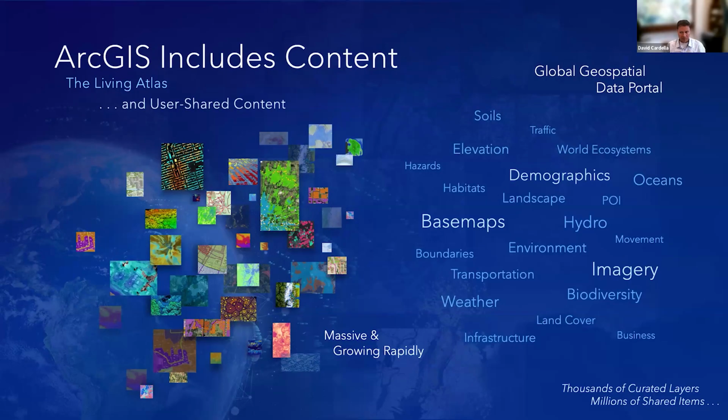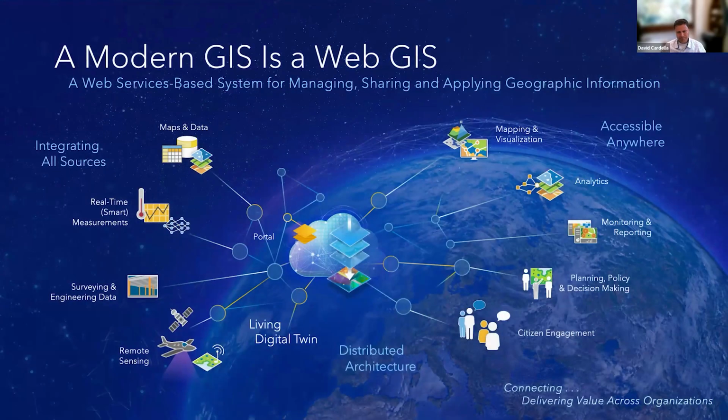Its content is living. It's growing, it's changing, and it's being updated on a regular basis. Some of the items that you can get at in the Living Atlas include layers, maps, apps, and in a little while, we'll also mention some of the tools and things that you can access within the Living Atlas.